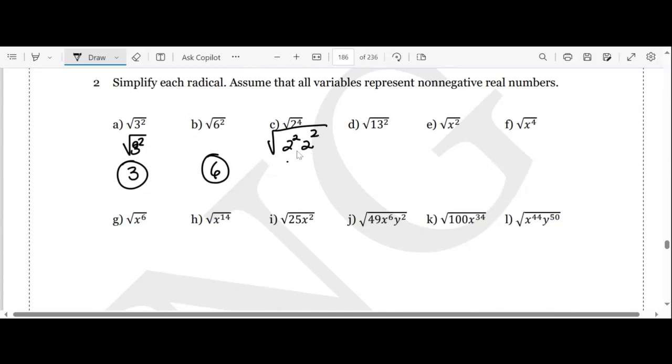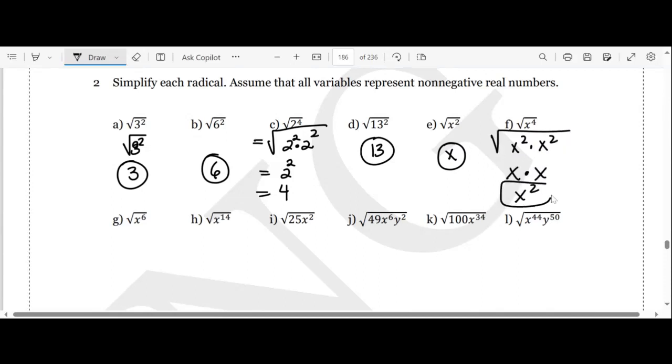So the answer is 2 to the power of 2, which is how much? 4. Next one, what's the answer? 13. What's the answer? So you get x times x, which is x squared. Clear?